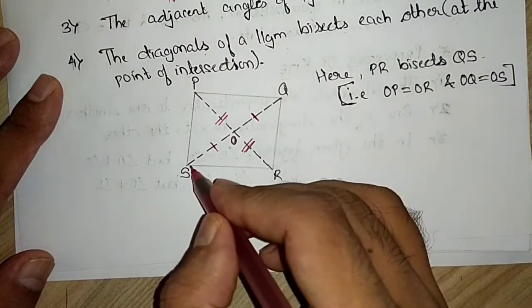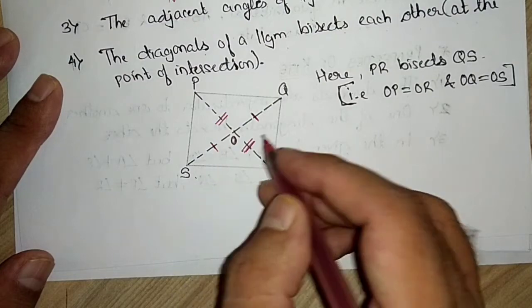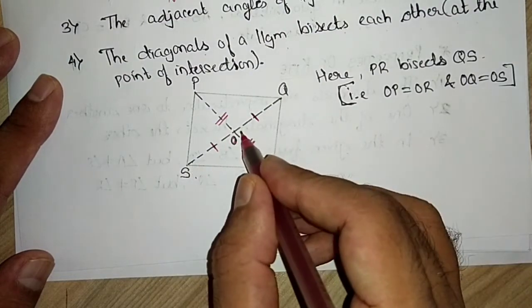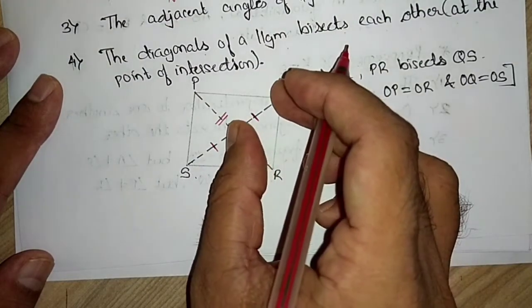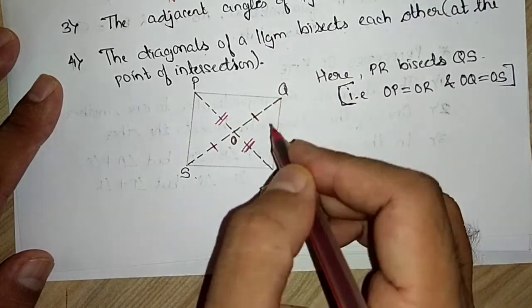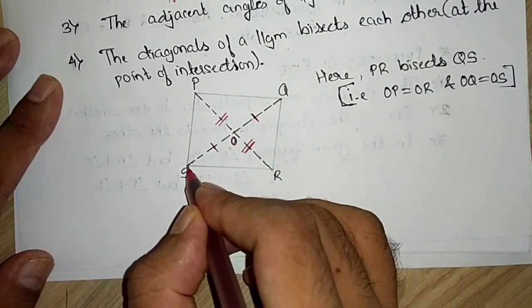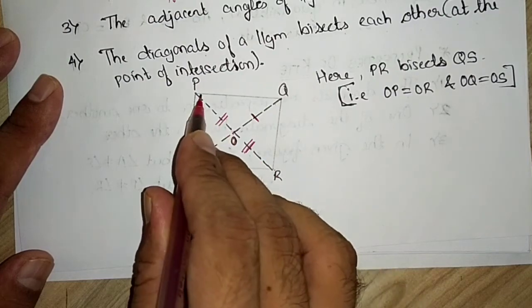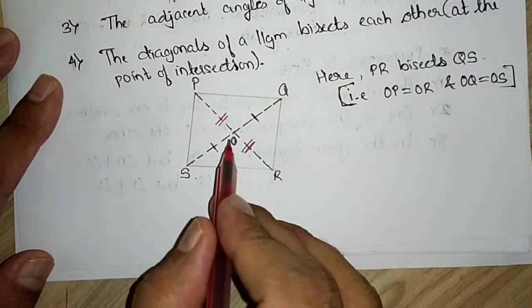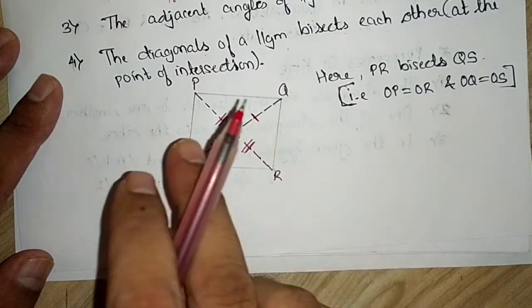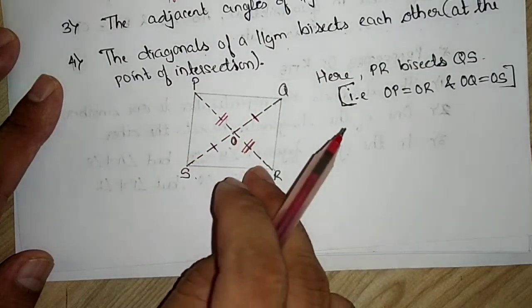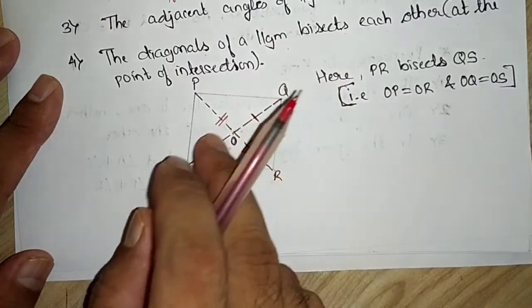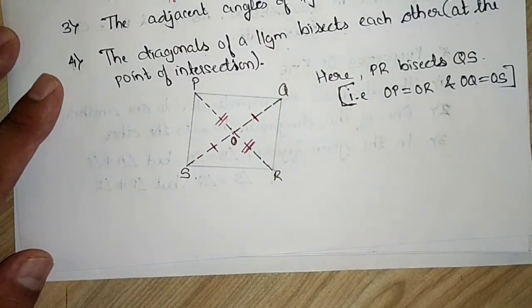That means QS is divided into equal parts, OS is equal to OQ, and OR is equal to OP. But the condition is, if they say this is a parallelogram, then only you can say OR is equal to OP and OQ is equal to OS.